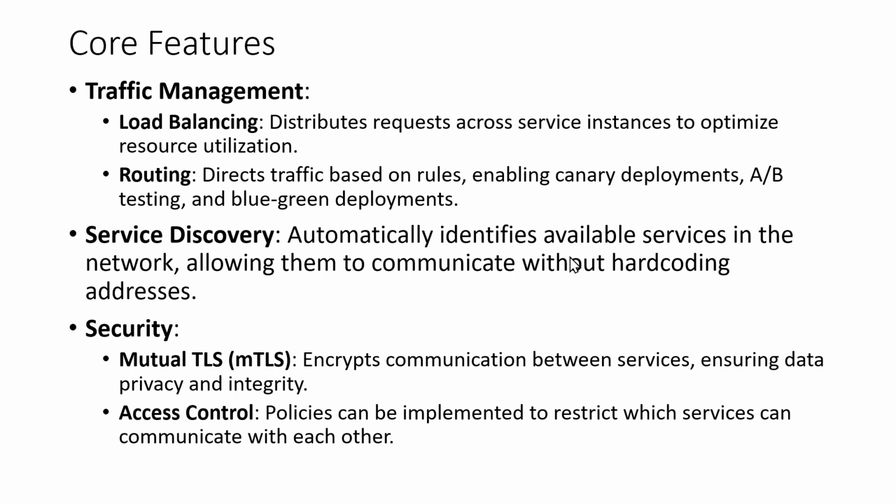It automatically identifies available services in the network and allows them to communicate without hard coding the addresses. So what is the work of service discovery here? Assume that we have 250 containers running in my Kubernetes, and each container has its own microservice running.